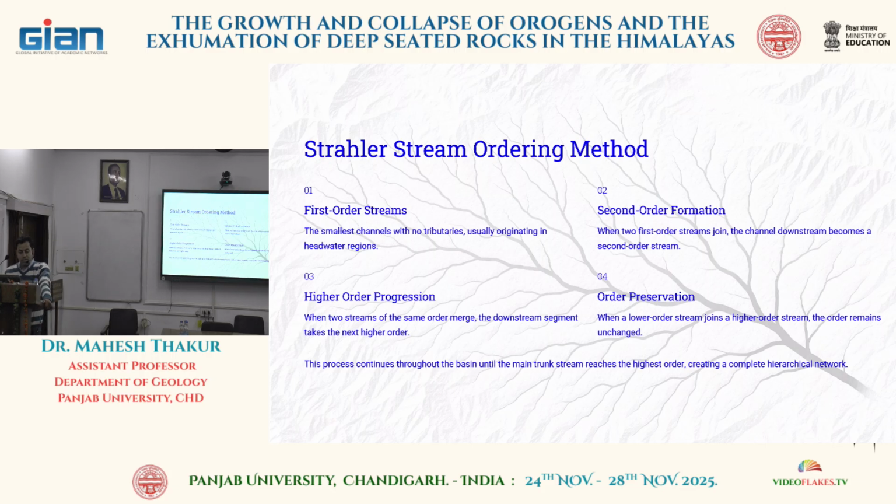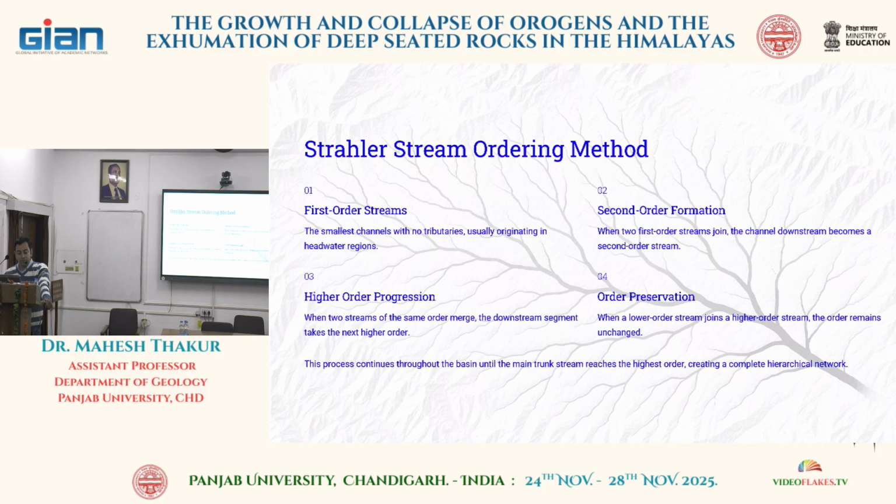The first order streams are the smallest channels with no tributary, usually originating in a headwater region. That will form the first order stream. Second order stream: when two first order streams join, the channel downstream becomes a second order stream.